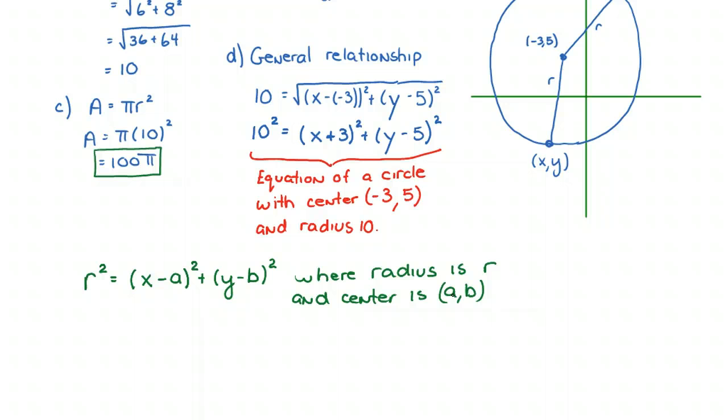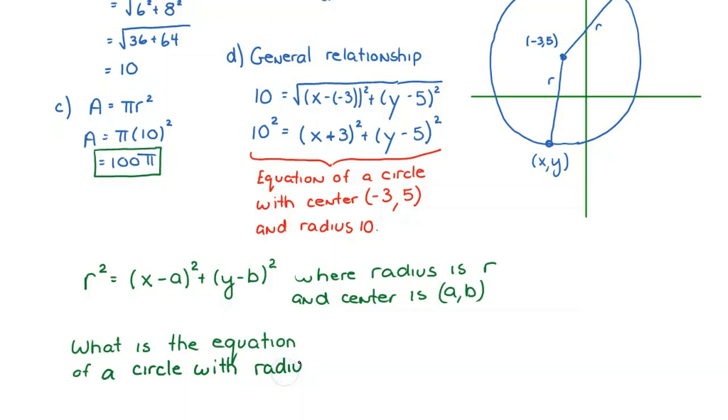So a little quick example question would be, what is the equation of a circle with radius 4 and center, we can just make up a point here, let's say 6, 9.